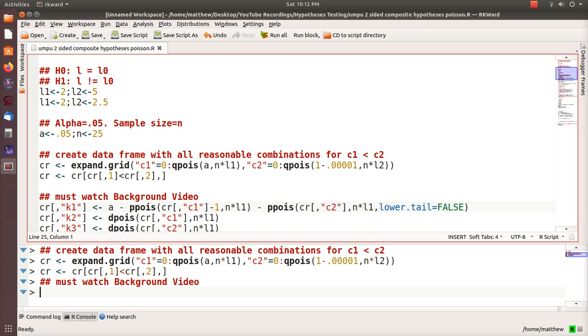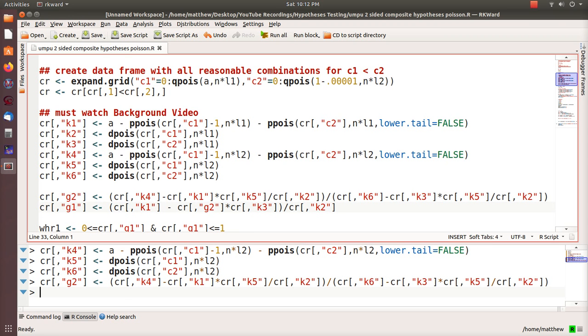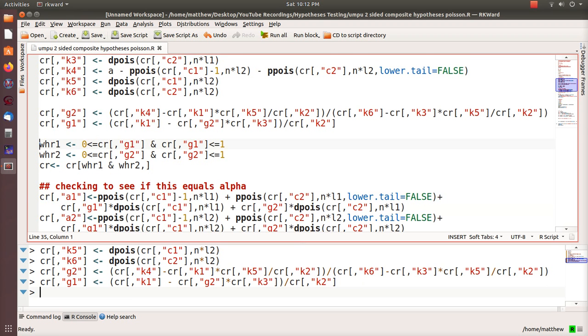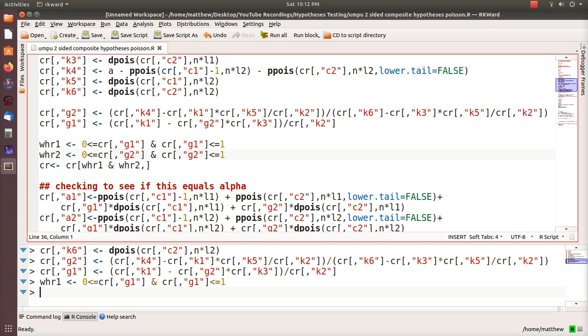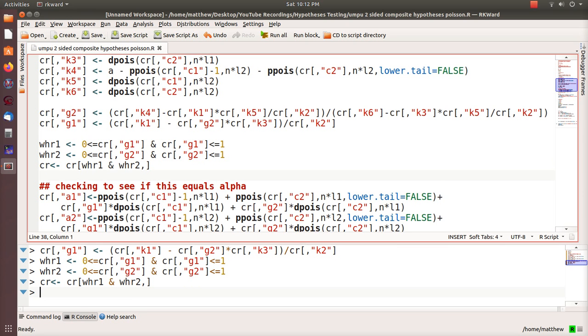Essentially, we create two equations with two unknowns, and then parts of the equations we call constants, K1, K2, and K3, and that's what we do here. That's part of the first equation requirement, and then K4, 5, and 6 are part of the second equation. Then we solve for gamma 1 and 2, and we keep only the solutions where gamma 1 and gamma 2 are between 0 and 1 because they're a test function.